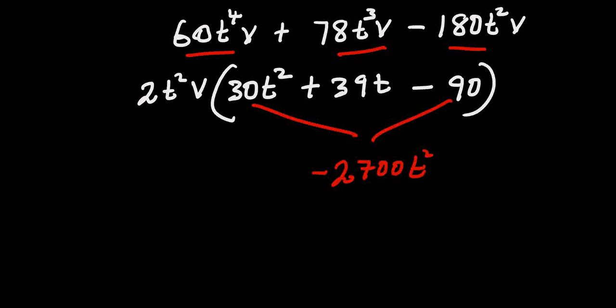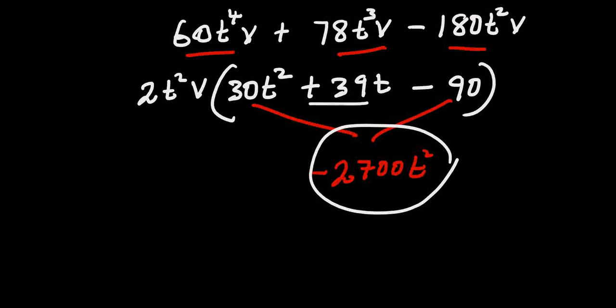So now we are going to find two factors of this such that the sum should be positive 39, and the two factors would be 75t and 36t.